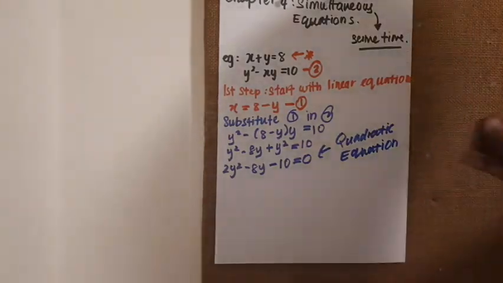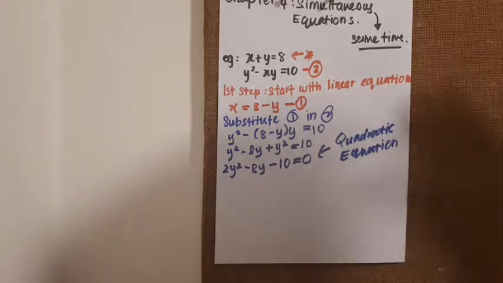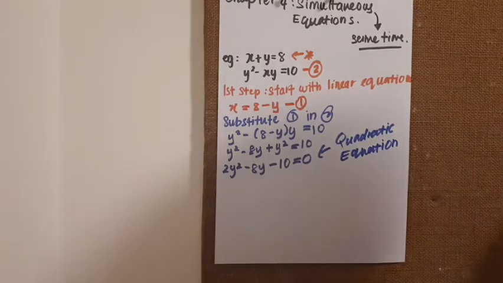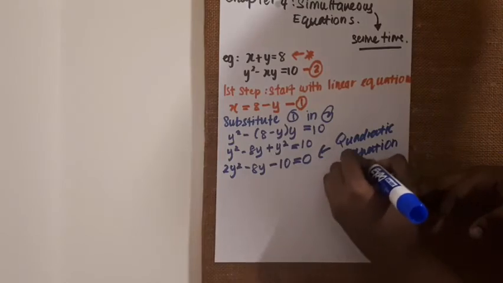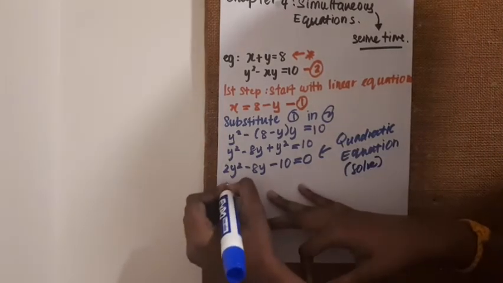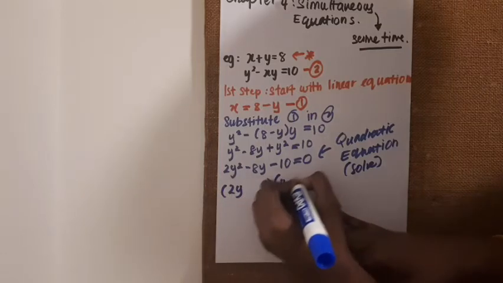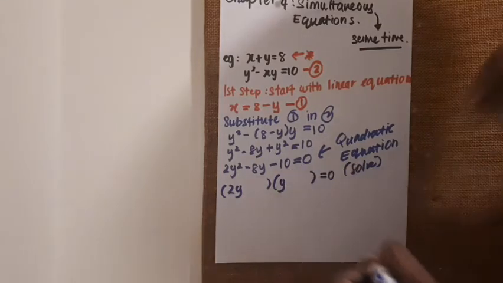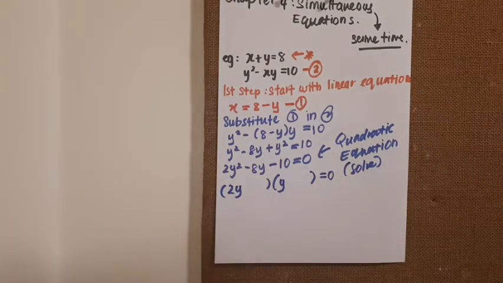If you are not familiar with how to solve this, you can always look back at my previous videos on solving this. Now solve it. How to solve it? Break this into two equations using the factorization method. And again, if you're not familiar with how to do it, please train yourself by looking at my previous videos.